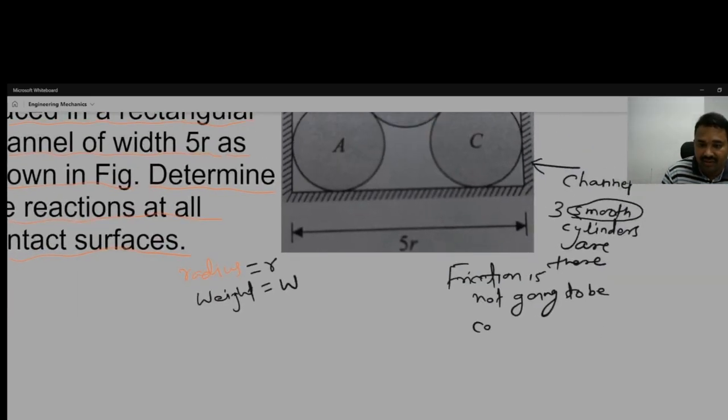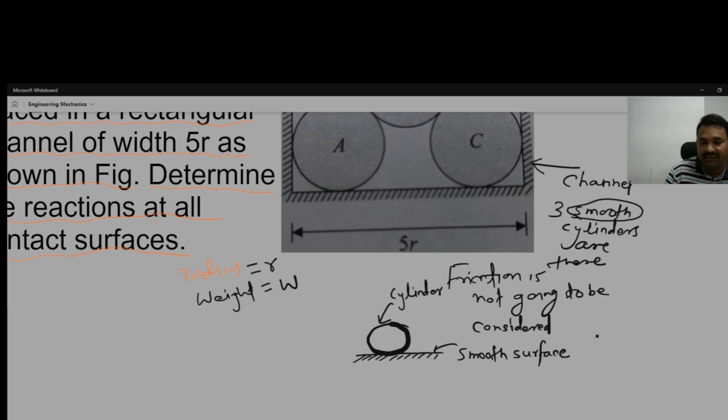So whatever the contact, suppose this is a sphere or cylinder, and this is the smooth surface, or you can say floor.